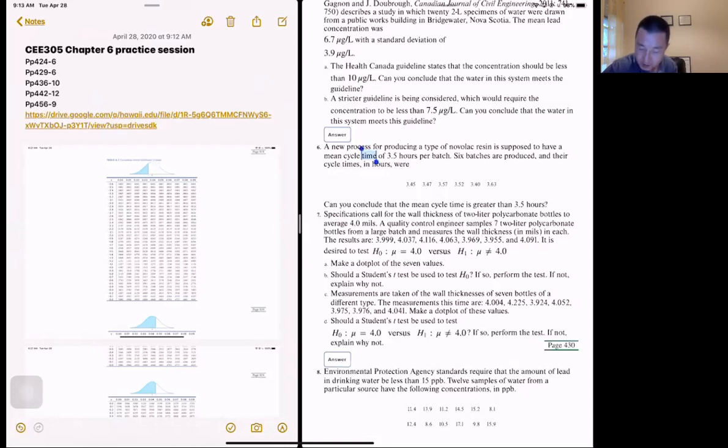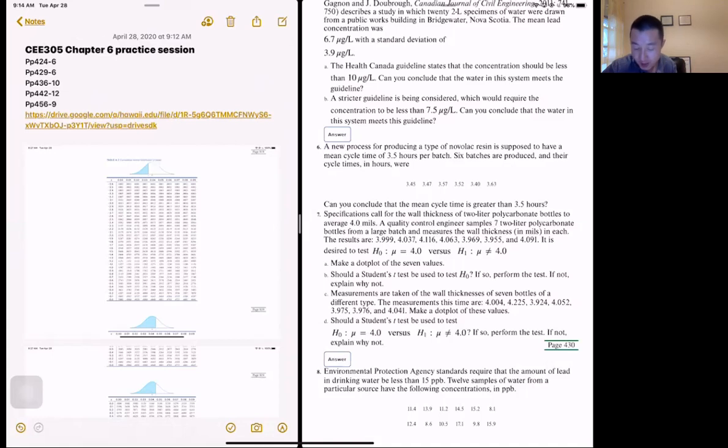A new process for producing a type of novolac resin is supposed to have a mean cycle time of 3.5 hours per batch. We have 6 batches produced, and the cycle times in hours are shown here: 3.45, 3.47, and so on. Can you conclude that the mean cycle time is greater than 3.5 hours?